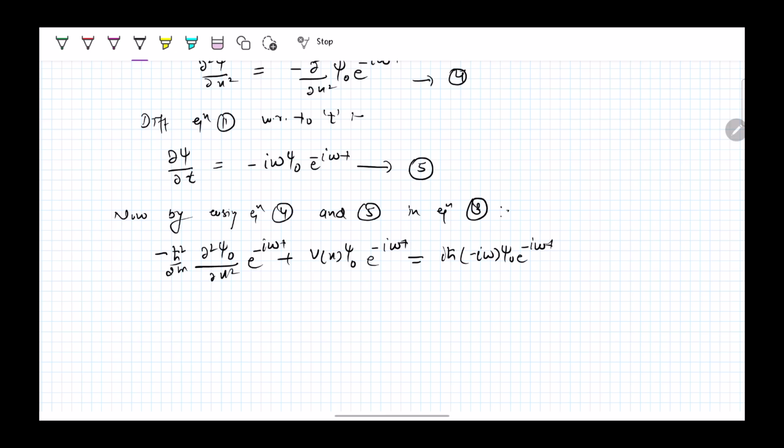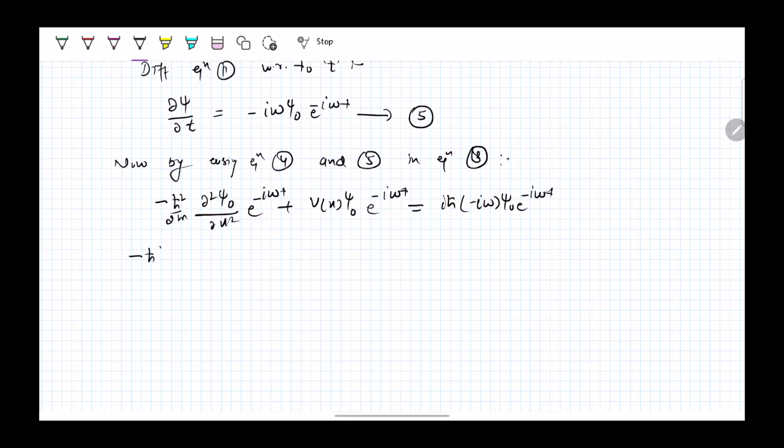Alright, and this equation can be written as minus h cut square over 2m curly square over curly x square psi naught exponential minus iota omega t plus V of x psi naught exponential minus iota omega t is equal to, we have iota square and minus as well, so this will become plus, and we will get plus h cut omega psi naught exponential minus iota omega t.